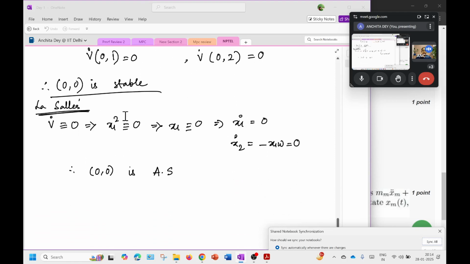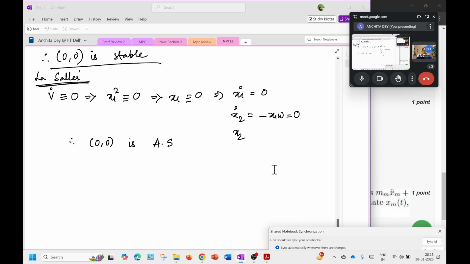Following LaSalle, we just learned that my x2 will also be equal to 0 if these are identically 0. That means if I reach (0, 0), I will stay at (0, 0) for all time, which is the idea of asymptotic stability. You have already reached there and you're staying there. So that gives you the asymptotic stability.